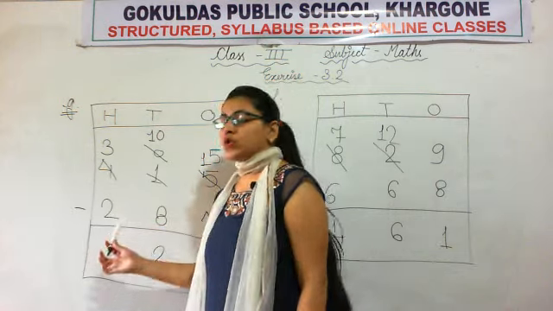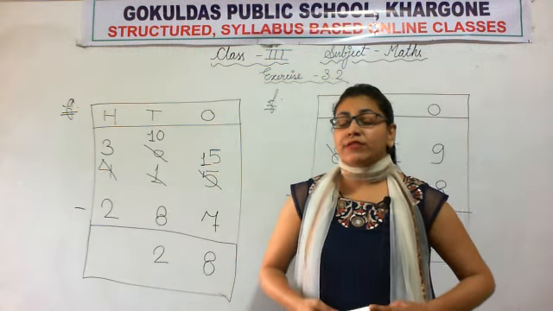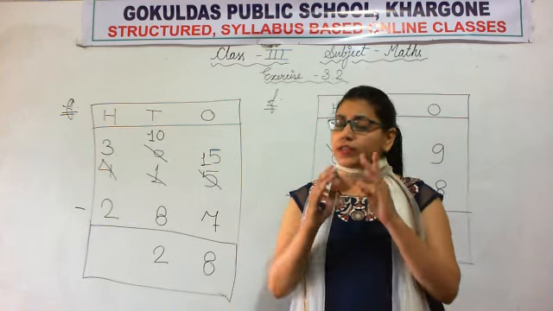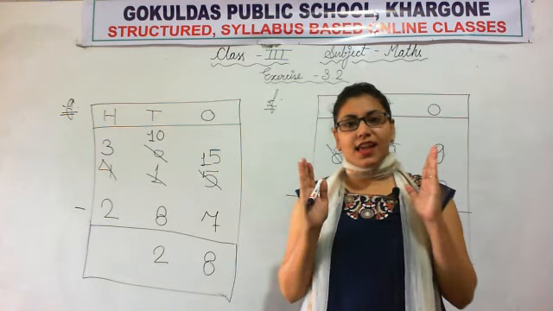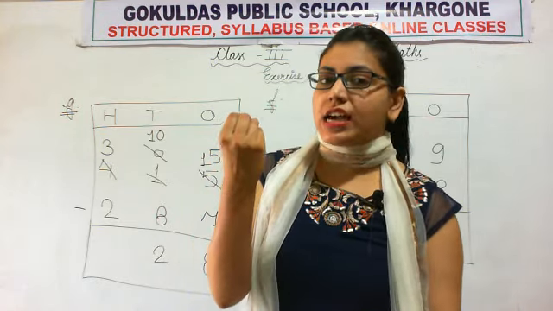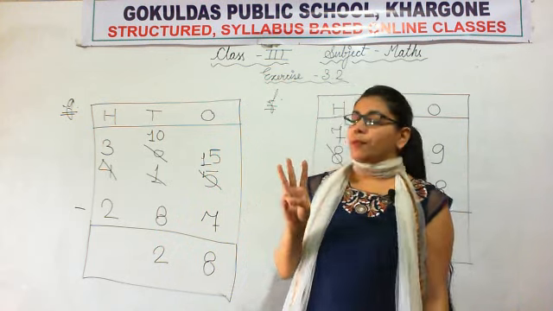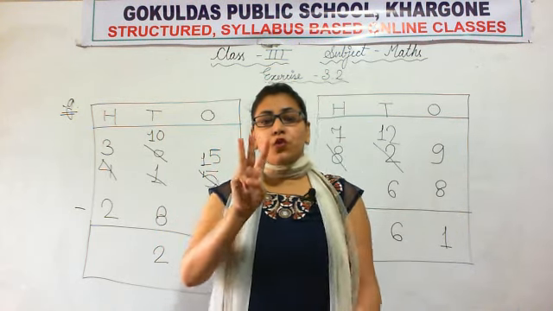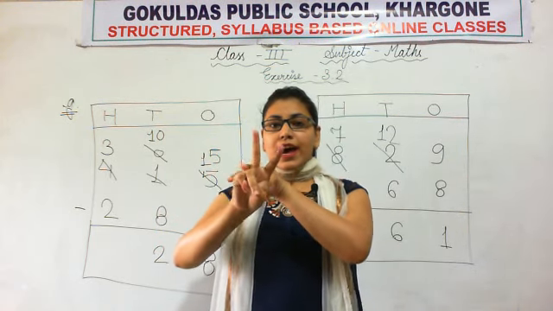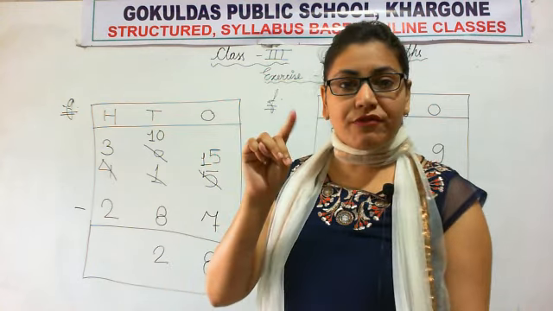3 minus 2. Now can we remove 2 from 3? Yes, we can remove because 2 is the smaller number and 3 is the bigger number. So first of all we'll count the 3 fingers. 1, 2 and 3. Now minus 2 means we'll remove 2 fingers from the 3. 1 and 2. Now how many fingers are left? 1 finger is left.